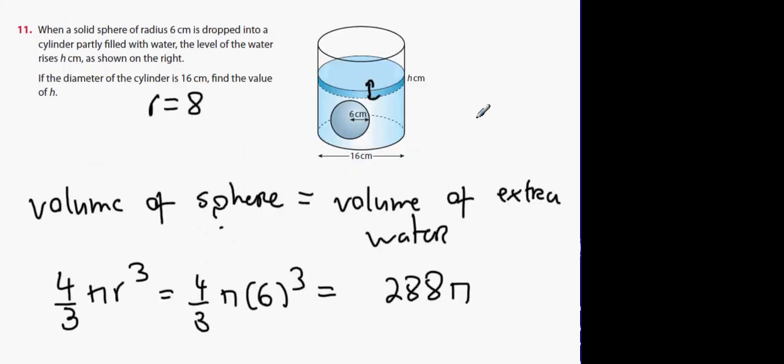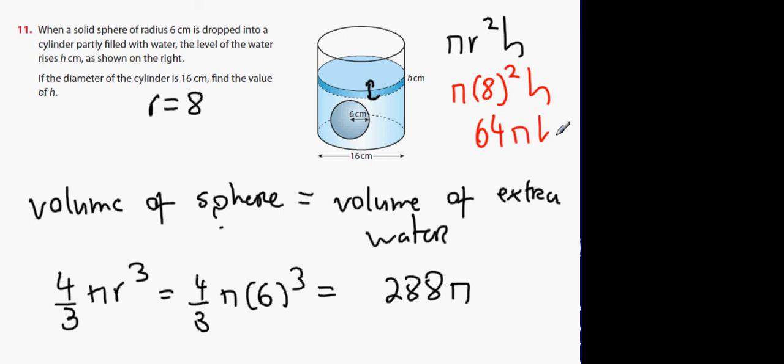Now, let's find the volume of the water. The volume of the water is going to be pi r squared h because it's a cylinder, right? Pi remains the same. What's the radius? 8. And its height? We don't know. But what is this when we multiply it out? It's going to be 64 pi h. Are you in agreement with that?